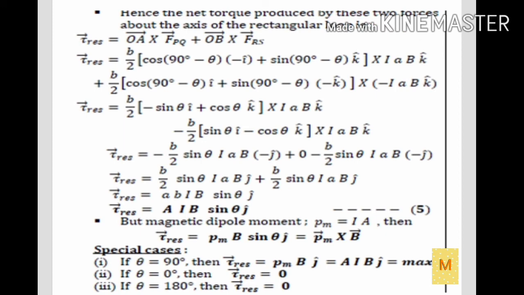Look at the right hand side, how the bracket terms are changed. Let us see that. Cos 90 degree minus theta is replaced as sin theta, and sin 90 degree minus theta is replaced as cos theta, and cos 90 degree minus theta is replaced as sin theta, and sin 90 degree minus theta is replaced as cos theta.